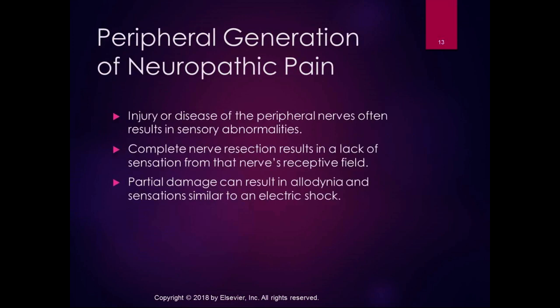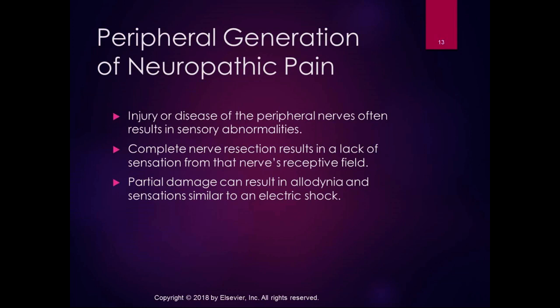So with peripheral generation of neuropathic pain, injury or disease of the peripheral nerves results in sensory abnormalities. Sometimes if a nerve is completely resected, either on purpose or accidentally during a surgery or an injury, it results in a lack of sensation from that nerve's receptive field. Partial damage can result in allodynia and sensations similar to an electric shock.